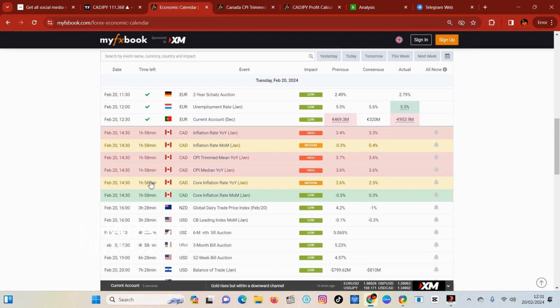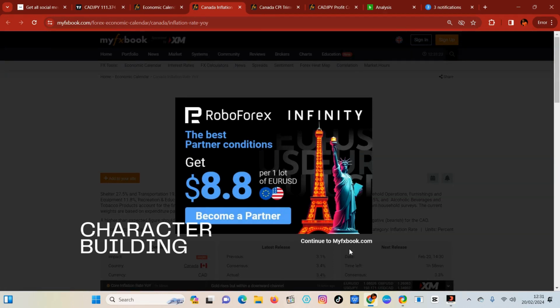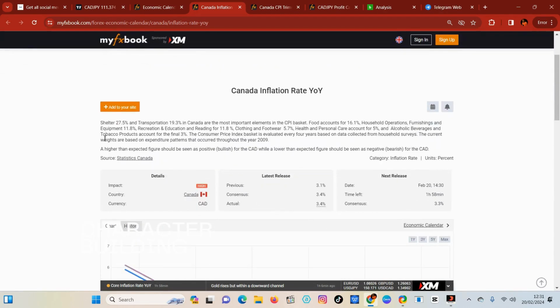Now let's not ignore all this news, because you can see all the news are at the same time. Let's check what's going to happen on these other news. A higher than expected figure should be seen as positive, bullish. This one is talking about sell as well.